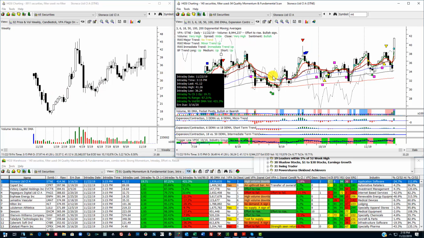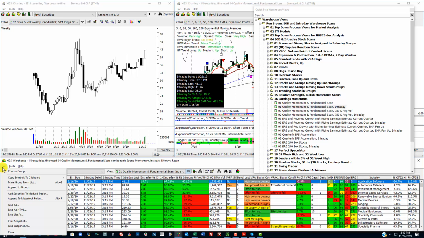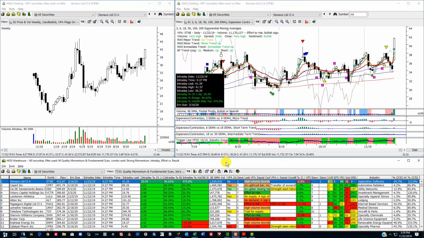I really am not crazy about this chart, but the weekly chart looks very strong, and it is moving up pretty massively today, up by 19.71%. So as I mentioned early in the video, if you want to make a group of these stocks by using the alternate G key or make group from list, then you can scan against that.